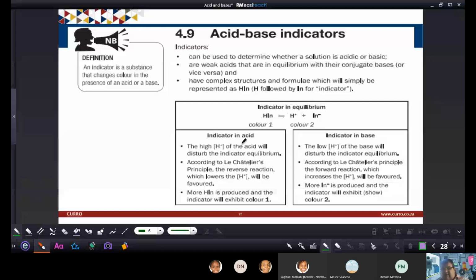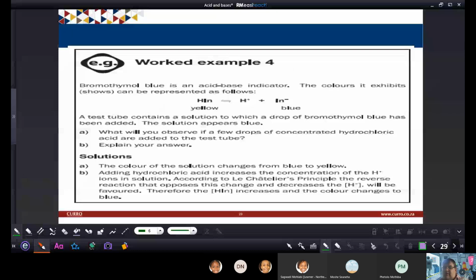If the indicator is an acid, if the indicator is a base, according to Le Chatelier, it will then change to a different color. This is just for interest sake. You don't need to know this by heart, okay? So this is also just for interest sake for you to read through.